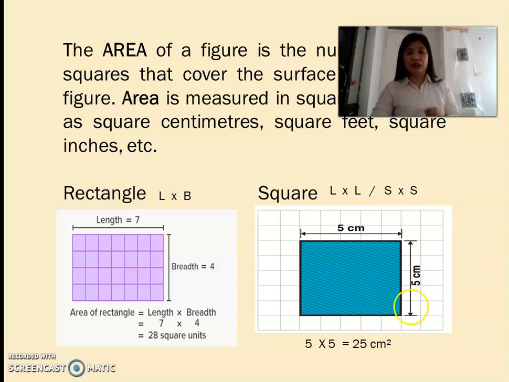If one side of the square is 5 centimeter, the area of the square will be 5 centimeter times 5 centimeter equals 25 square centimeter. Square centimeter, but not centimeter square. So we read it as square centimeter. Next.